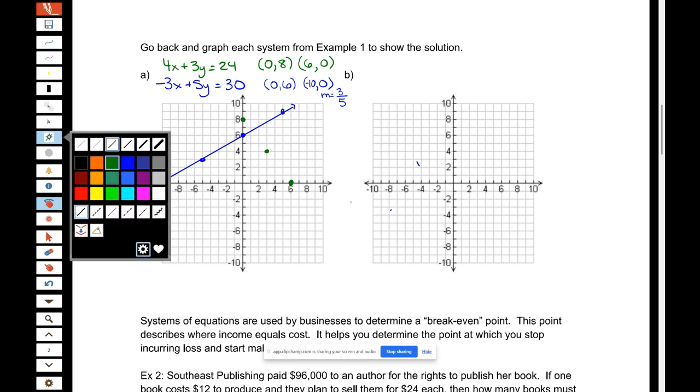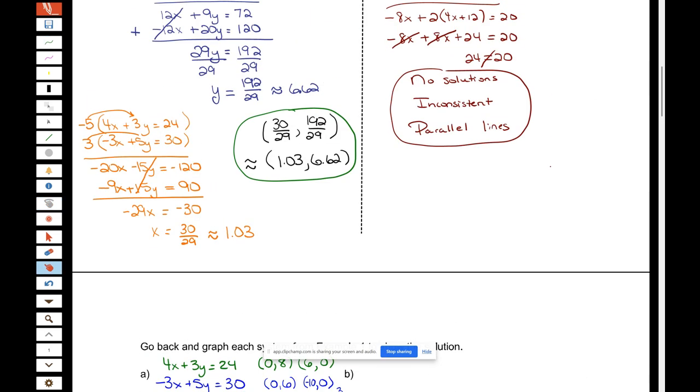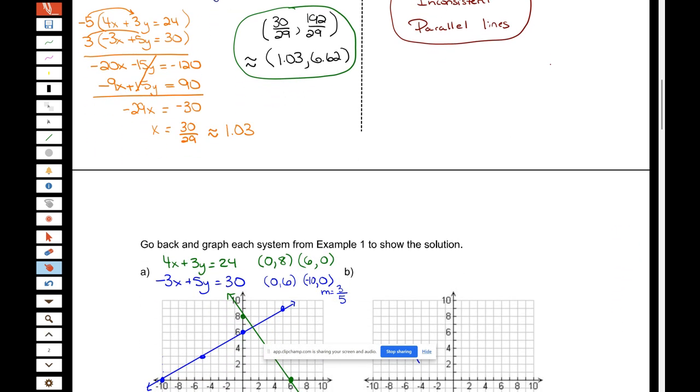And it's not going to be at a perfect grid crosshairs because we already solved this and we got decimals. Our previous solution was about 1.03, about 6.62. And we can see just a little more than 1 and a little bit more than 6.5. That does confirm the answer that we got earlier.